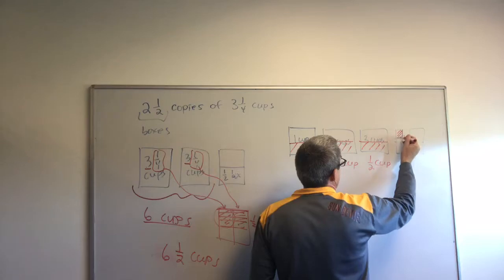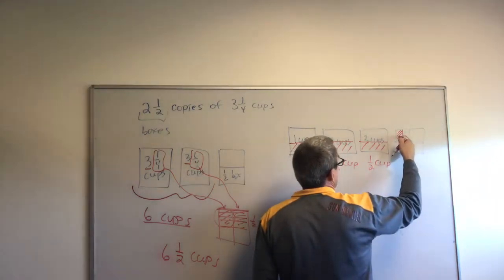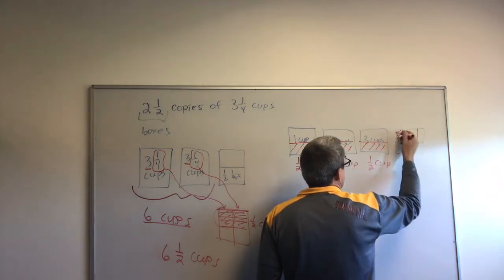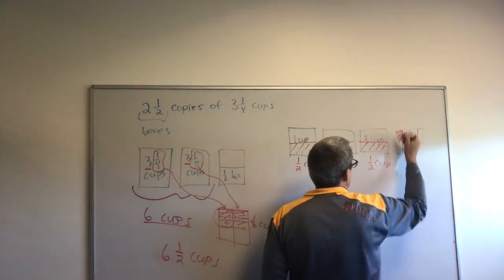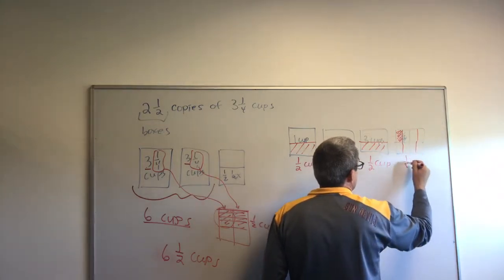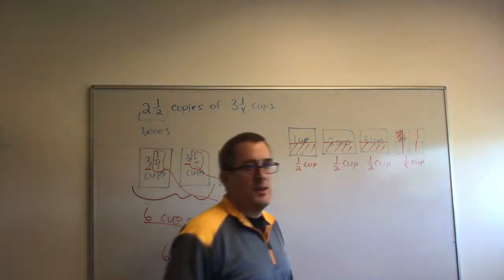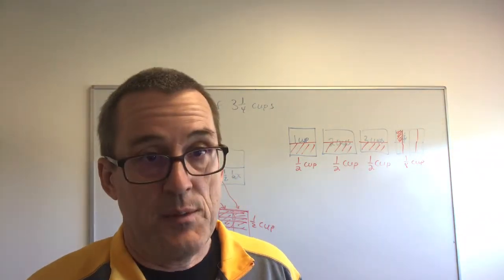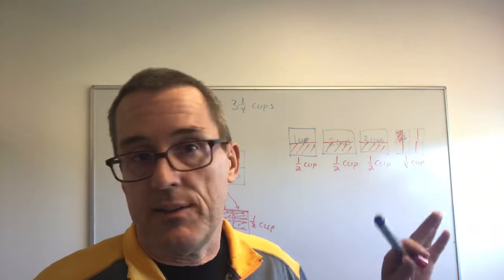I ate half, so I ate this. So what is that? Well, 1, 2, 3, 4, 5, 6, 7, 8. That piece is, if I took the whole cup, cut it up into 8 equal pieces, that's one of those pieces. That's 1/8 of a cup. So in that last half a box, 3 1/4 cups, I ate half of that. So I just split it all in half.